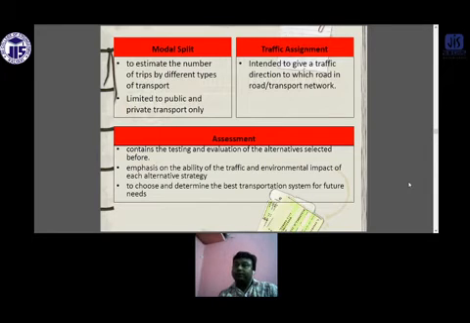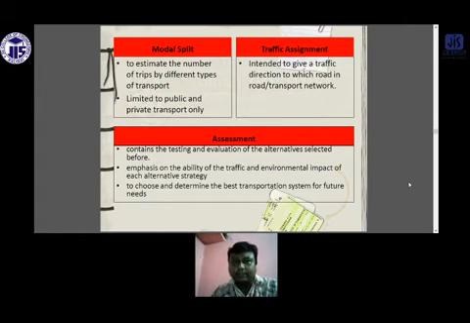Now the trip is generated, the trip is distributed, and I have selected the mode. Three things have been done. Say I want to go to a shopping mall, nearly 2 kilometers from my home, and I want to take my private vehicle, my scooty or scooter.